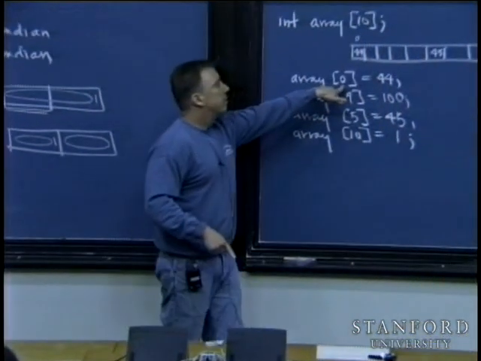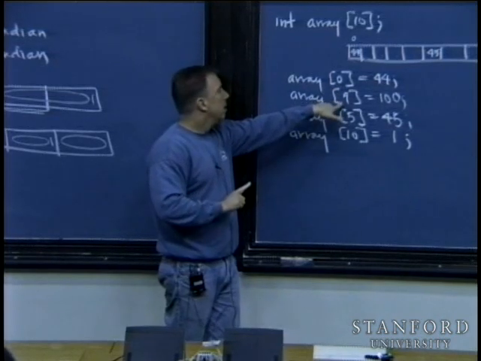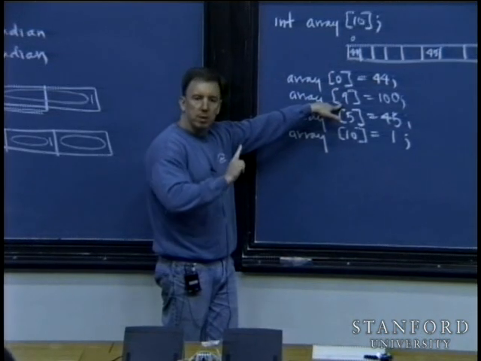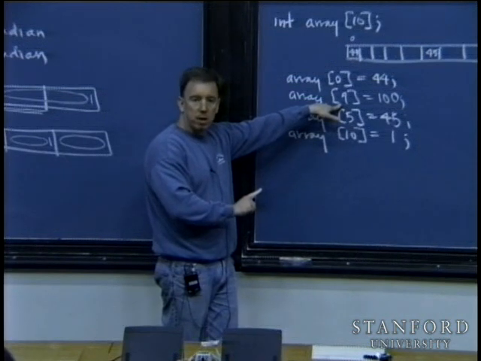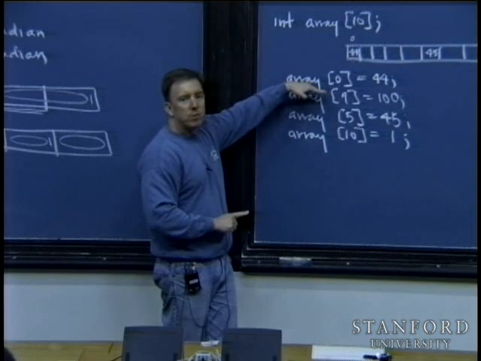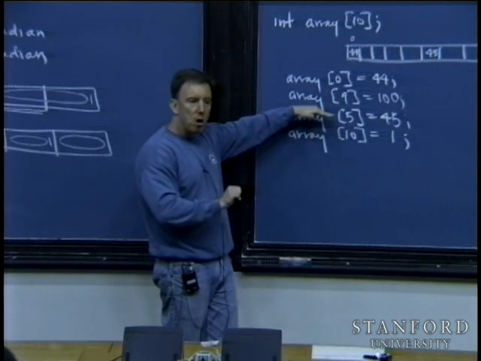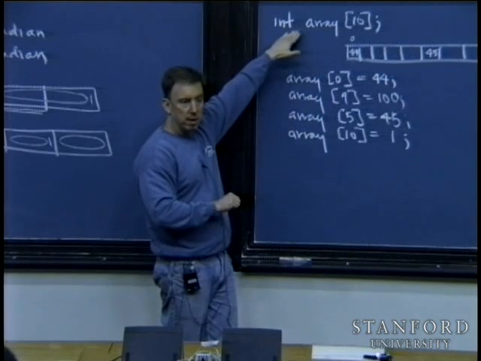This right here assigns a 44 to the int that is 0 ints forward of the base address. Go ahead 9 quantums of integers to find out where the 100 should go. Go ahead 5. Java's a different story, but in C and C++, there's no bounds checking done at all on raw arrays, and that's exactly what this thing is right here.